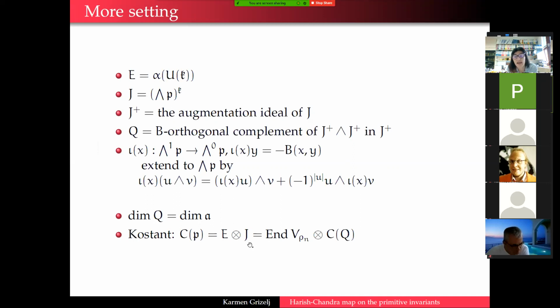And also we have that J, so these K invariants are a Clifford algebra of the primitive invariants, although not the standard Clifford algebra. We have to change the bilinear form a bit, change some signs in order for it to really be isomorphic.